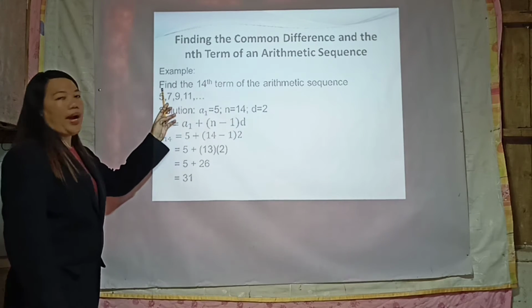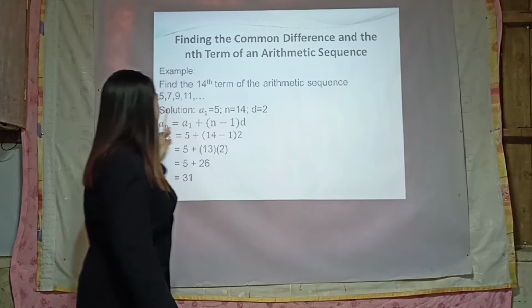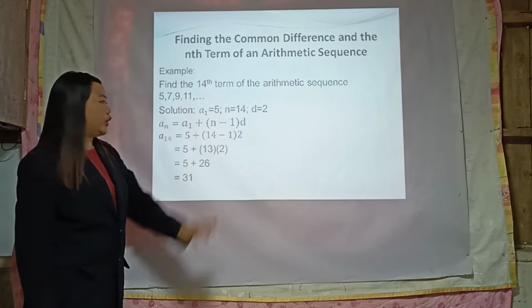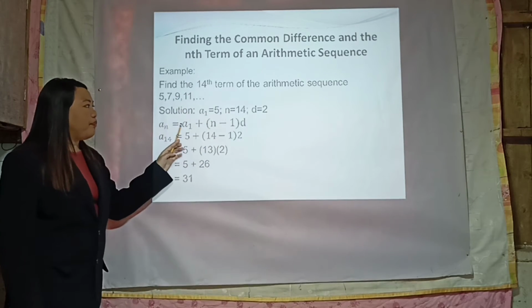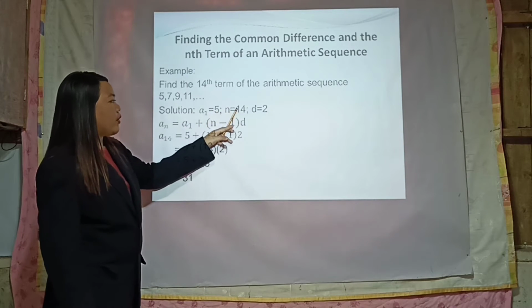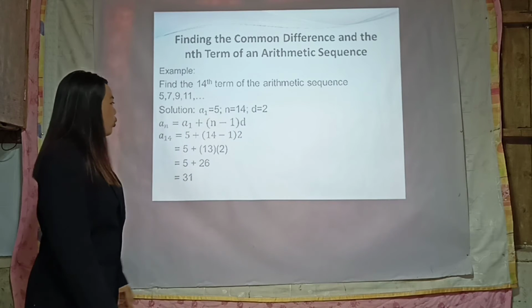So now let's find the nth term of an arithmetic sequence. For example, find the 14th term of the arithmetic sequence 5, 7, 9, 11, and so on. Solution. a sub 1 will be 5, which is the first term. n is equal to 14, and the common difference is equal to 2.